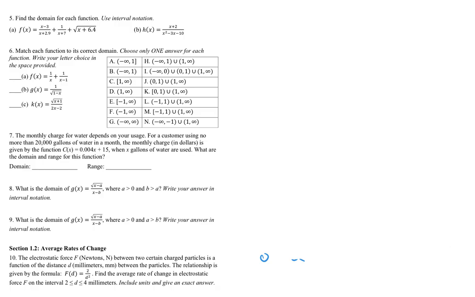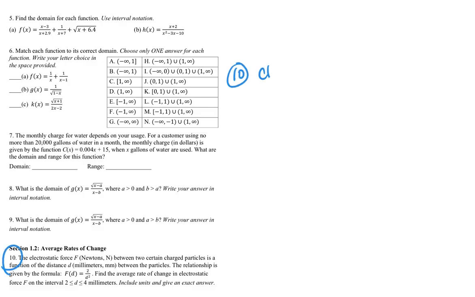Next it says the electrostatic force between two certain charged particles is a function of the distance between the particles. The relationship is given by that formula. Find the average rate of change in electrostatic force on the interval from 2 to 4. So the average rate of change is going to be the change. So this is number 10.